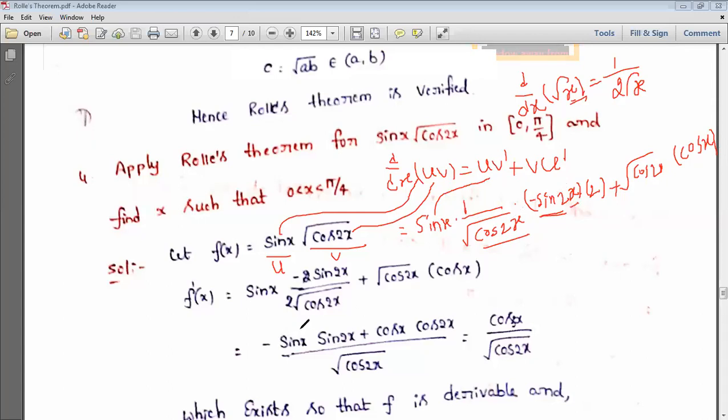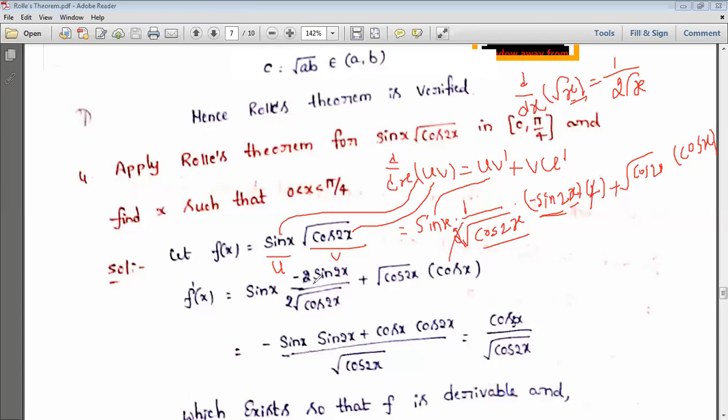And next we are going to simplify this one. Here what I am doing, I'm taking the LCM for this. The LCM is square root of cos 2x. And next, minus, here it is having 2 and 2, both will cancel.